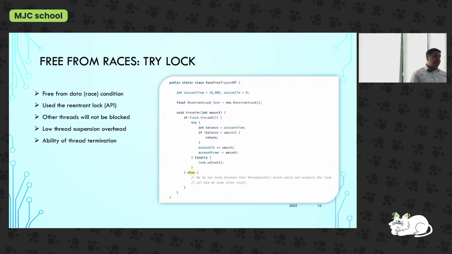They will be free, and the CPU can use that thread for some logic elsewhere. So all that logic flow drops to the else section. This also has other advantages, like the ability of termination and fairness.